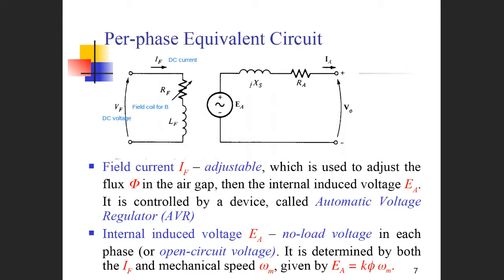We said the field current equals the field voltage over the field resistance, because in the DC circuit the relationship between current and voltage is the resistor. Now, why do we still draw the inductance here? Because the inductance is used to generate the flux.